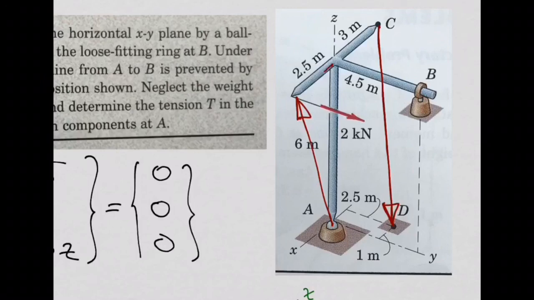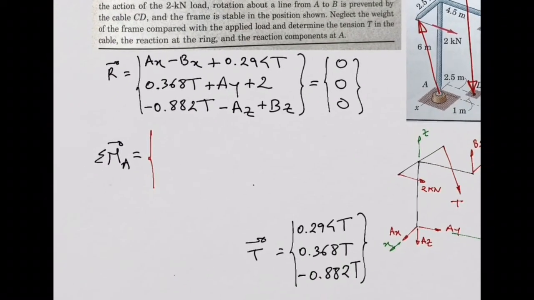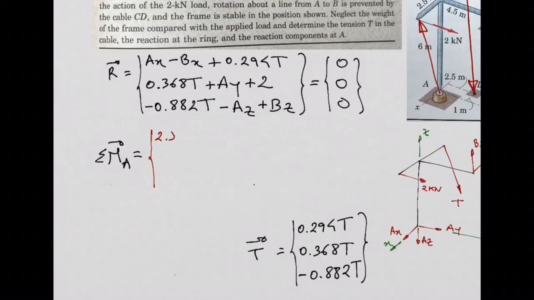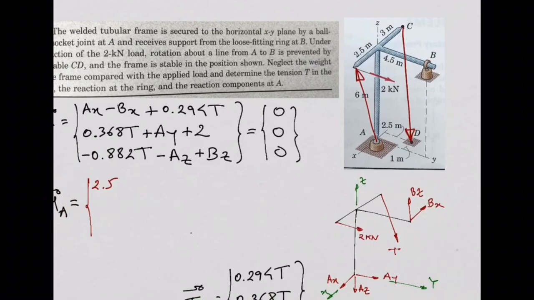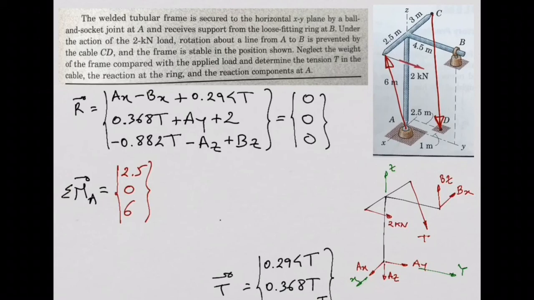So you need to decompose this vector in the X direction, which will give you this, right? The X component should be 2.5, right? So let's write here 2.5. Now, Y component, you need to decompose this vector in the Y direction. 0, very good. Z component, 6. You see, you are already mastering this. That's good, that's very good.